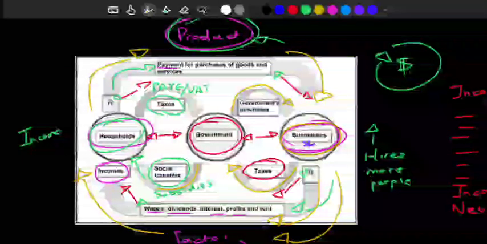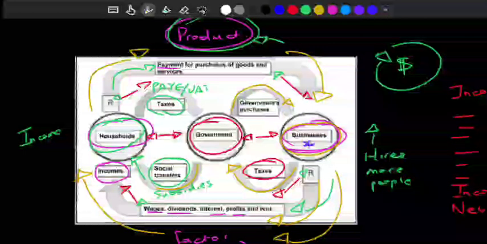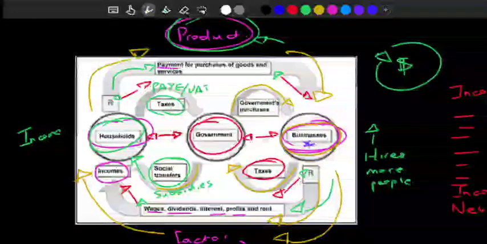So do you see how one increase in the whole circular flow model affects every single part of the markets, right? It affects the households, it affects the businesses, and so on and so forth.